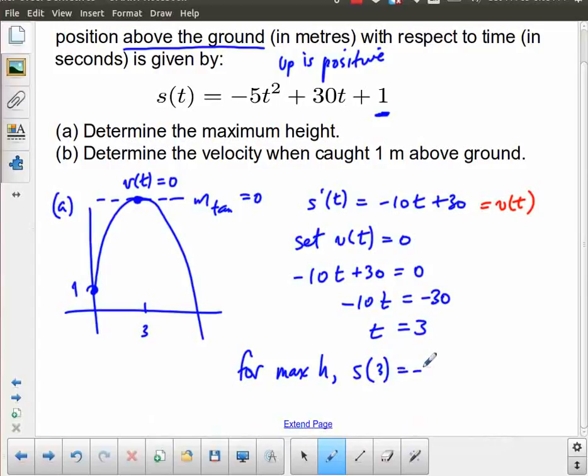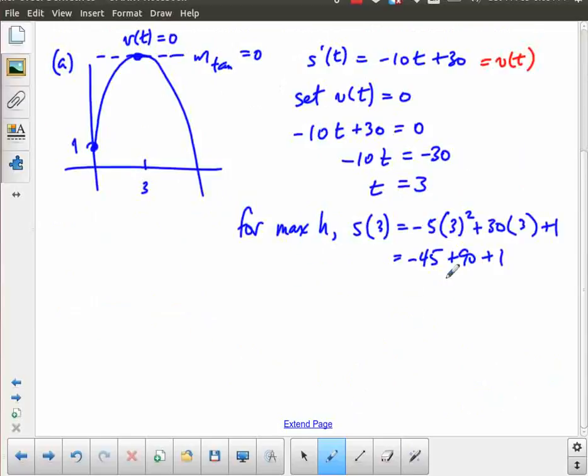So s of 3 is negative 5 times 3 squared plus 30 times 3 plus 1. 3 squared is 9, so that's negative 45, plus 90, plus 1, and that's equal to 46. So therefore, max height is 46 meters.